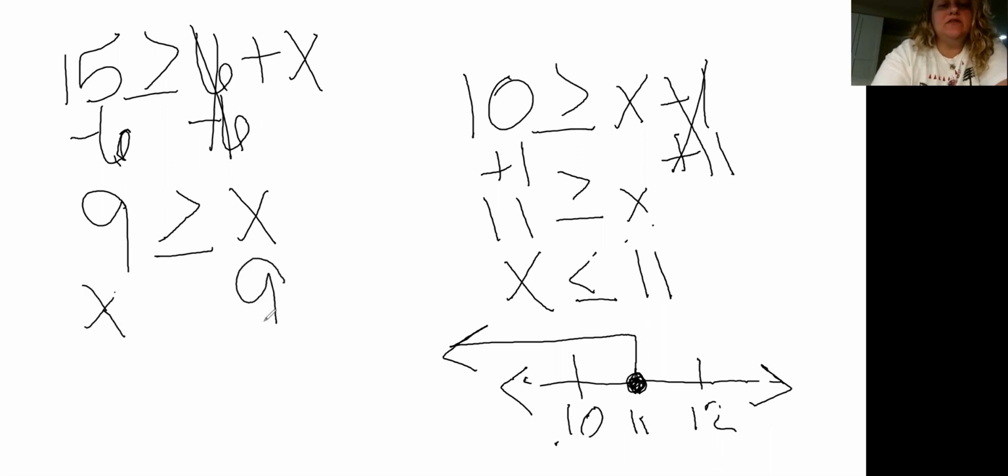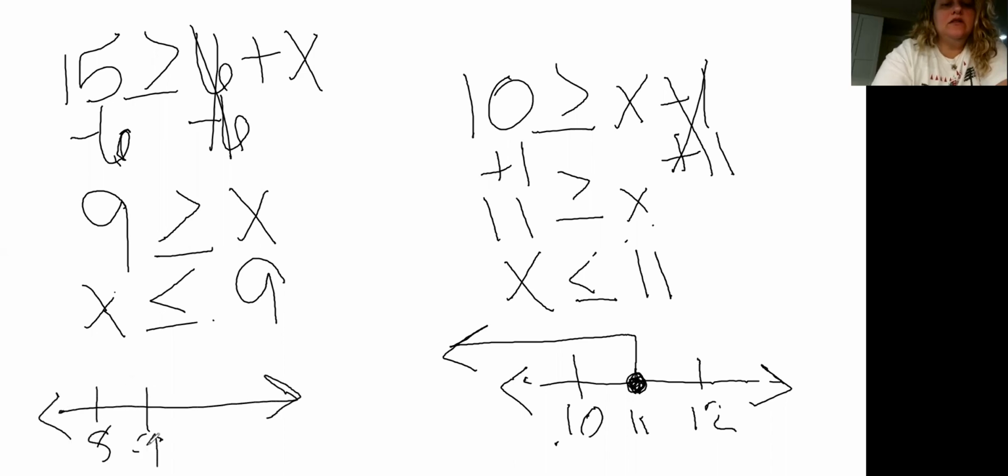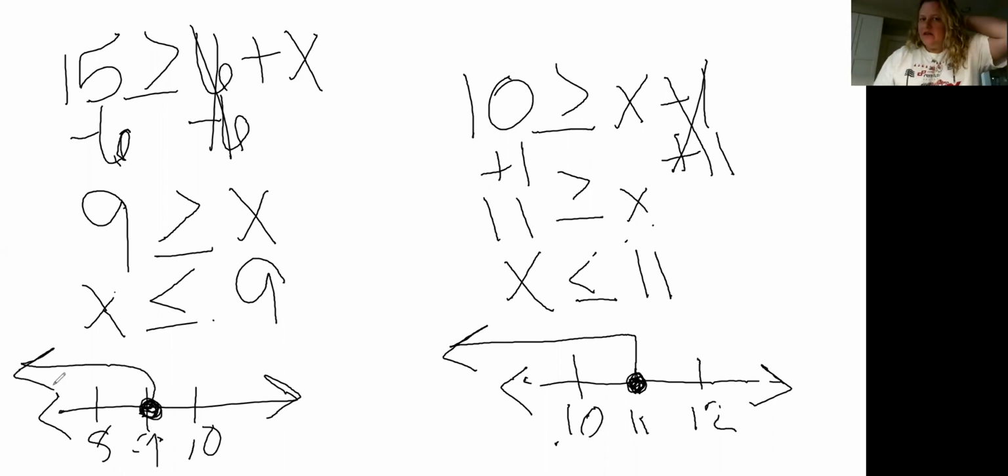So flip that location and flip the sign. So now we would have a number line: 8, 9, 10, and this direction.